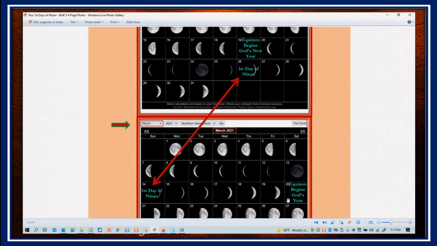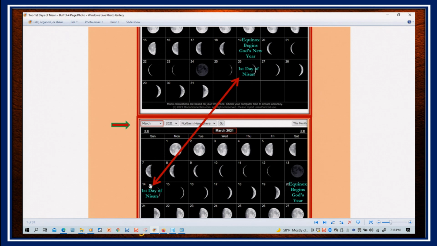Now, keeping this information in mind, let's follow the red arrow down from the Jews' first day of Nisan 2020 to the Jews' first day of Nisan 2021 and see what takes place. Watch this, friends. We'll start up here at the beginning of the red arrow on the first day of Nisan 2020, and we're going to follow it down to Nisan what? 2021. And what do we find, friends?